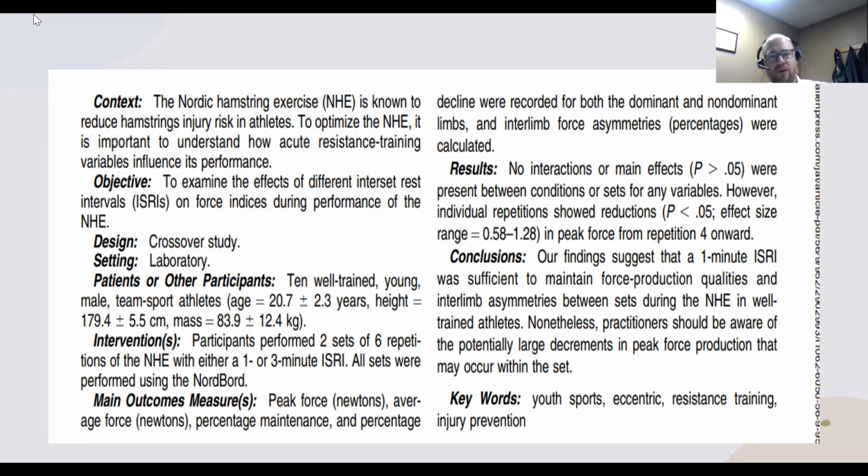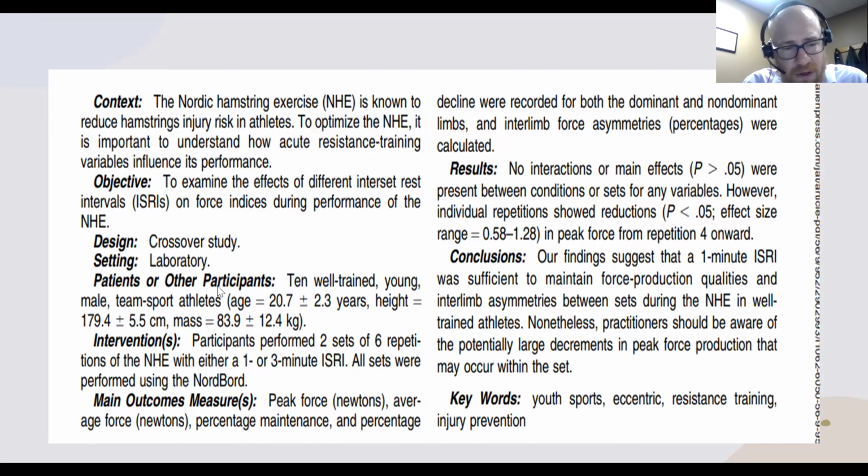So the objective: they wanted to examine the effects of different interset rest intervals, or ISRIs, on force indices during performance of the Nordic hamstring exercise. We can also see with our methods, they've further broken them down. They've given us very quickly a two-word description of their design: it was a crossover study performed in a laboratory.